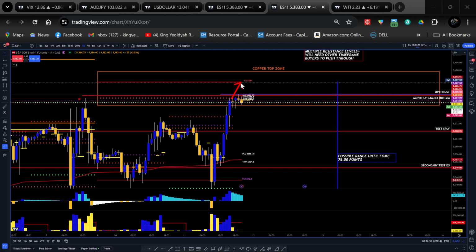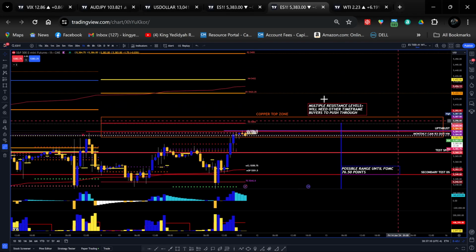A little pop up and then a move straight back down. Because you know how violent these FOMC meetings and stuff like that can get. So I'm looking out for that. I'm being mindful of that.